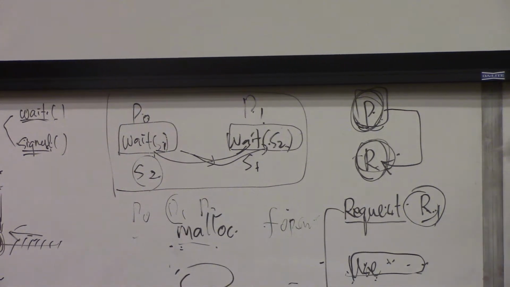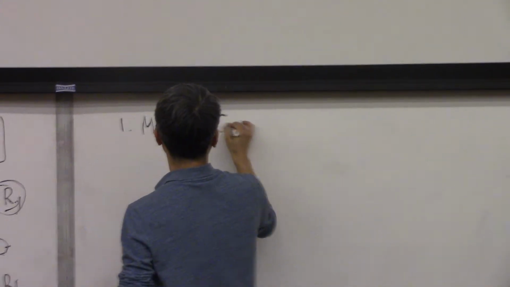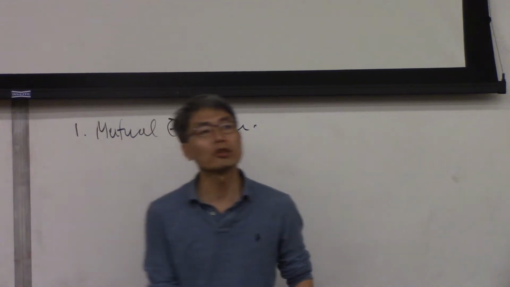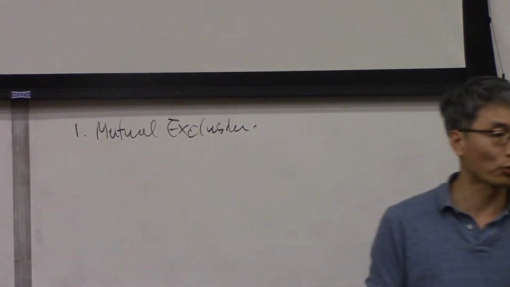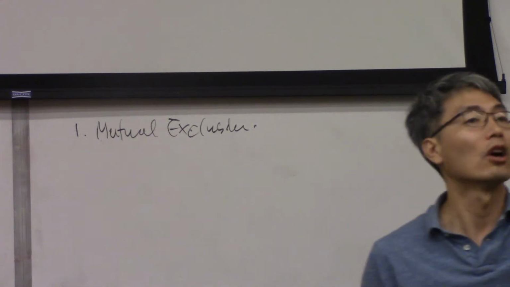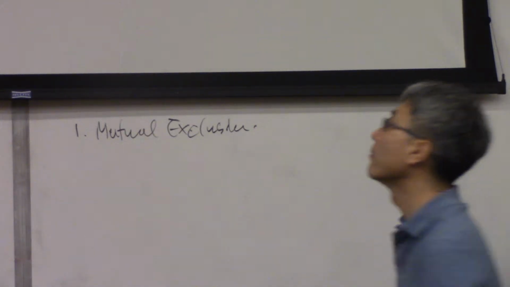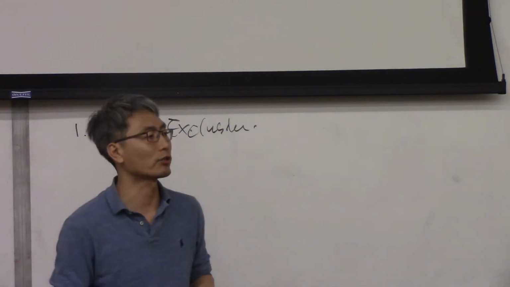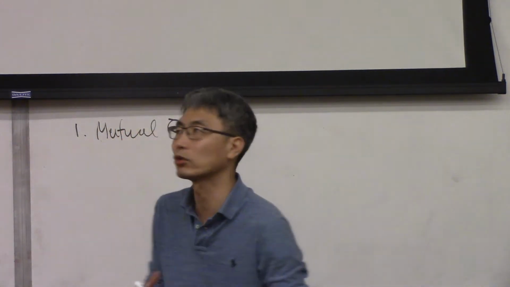However, in other words, if the resource is mutual exclusion, which means only one process can access the shared resource, at that time it may cause a deadlock situation. So that is the first requirement for deadlock.